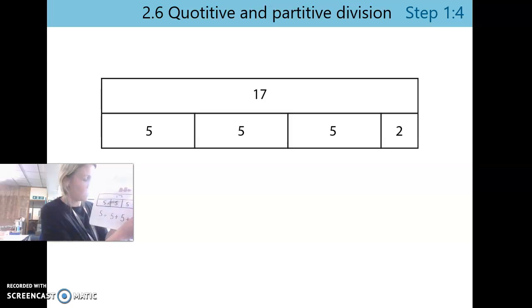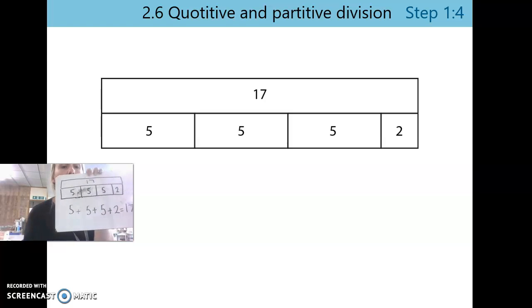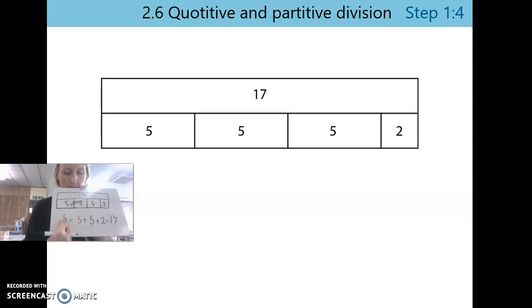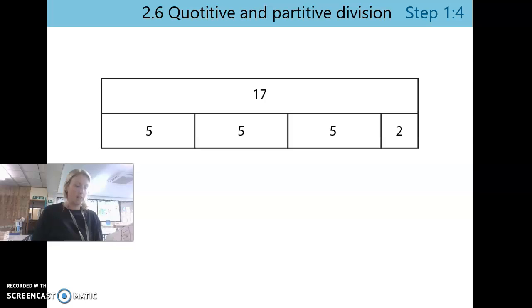Add 2 equals 17, doesn't it? So make sure we've got 3 5s, 1, 2, 3 5s, 2 more is 17. Let's count in 5s, 5, 10, 15, 2 more, 16, 17 equals 17, doesn't it?